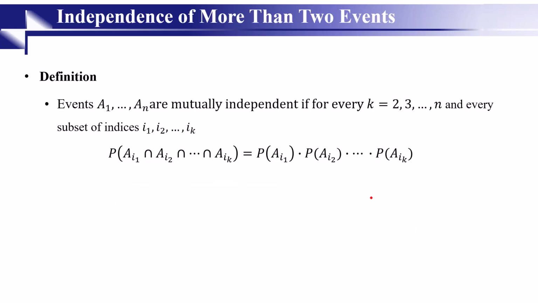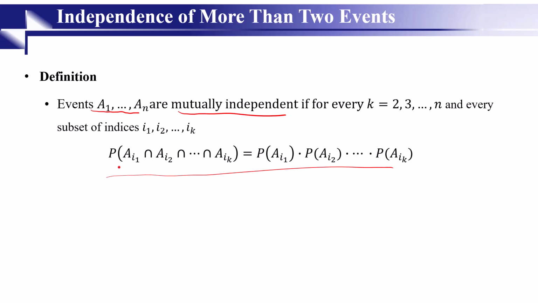What about more than two events? Events A1, A2 up to An are mutually independent if the probability of any subset of them happening together is the product of their individual probabilities, right? Product of them all together. That's true for any group of 2, 3, or more events up to n.